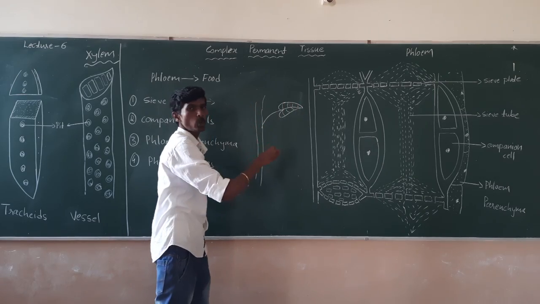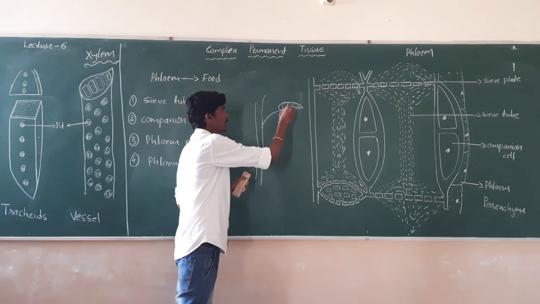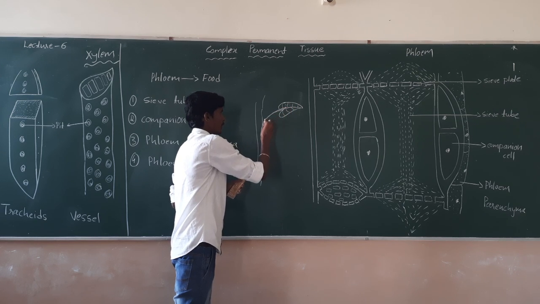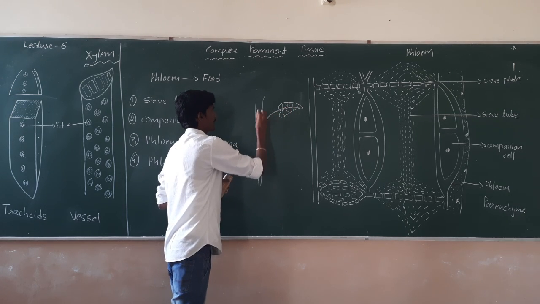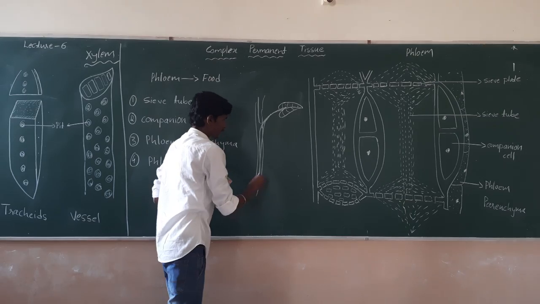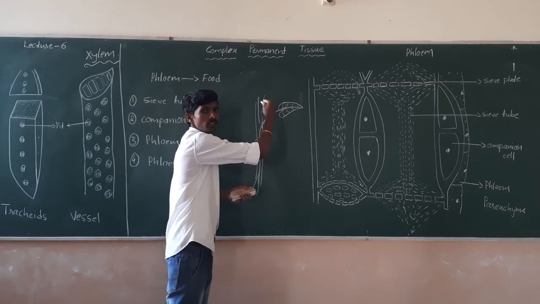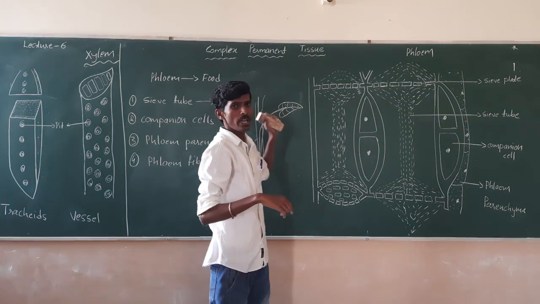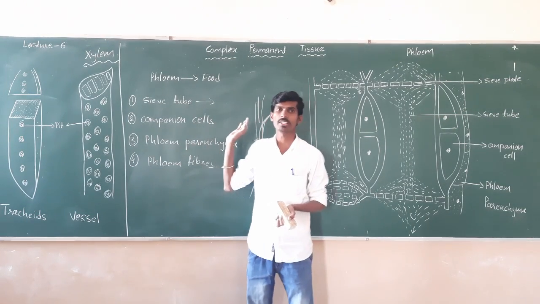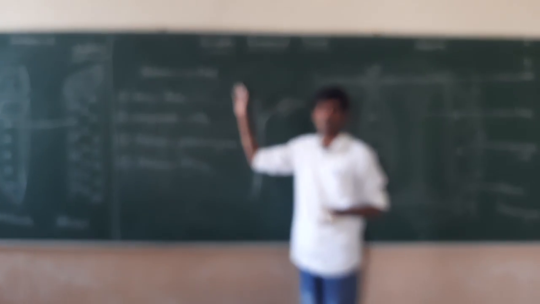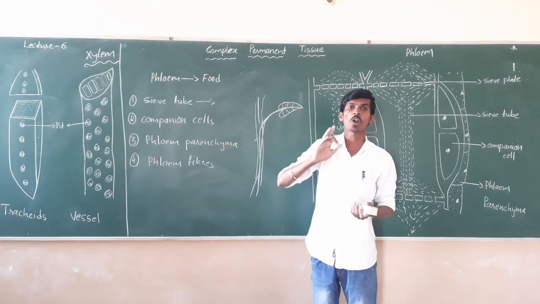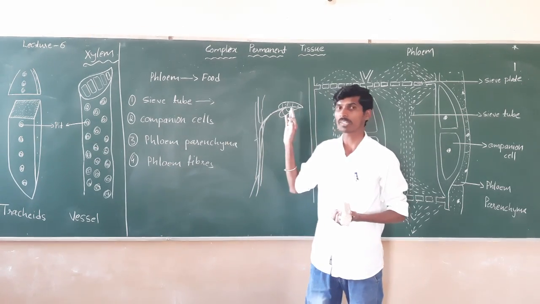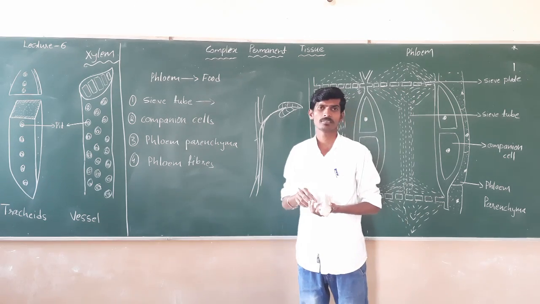Through the phloem tissue, the prepared food is transported to the various parts of the plant. It transports to the root, the stem, other branches or flowers and other parts of the plant body. The phloem transports the food from leaves to the various parts of the plant.